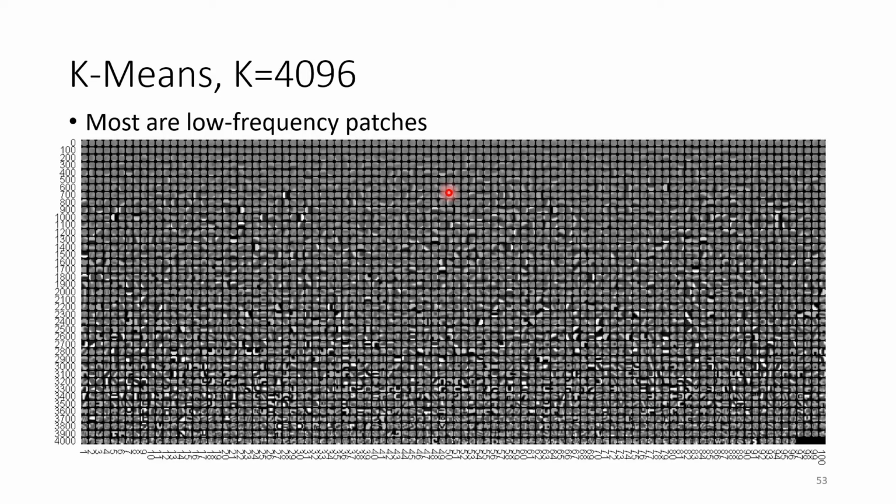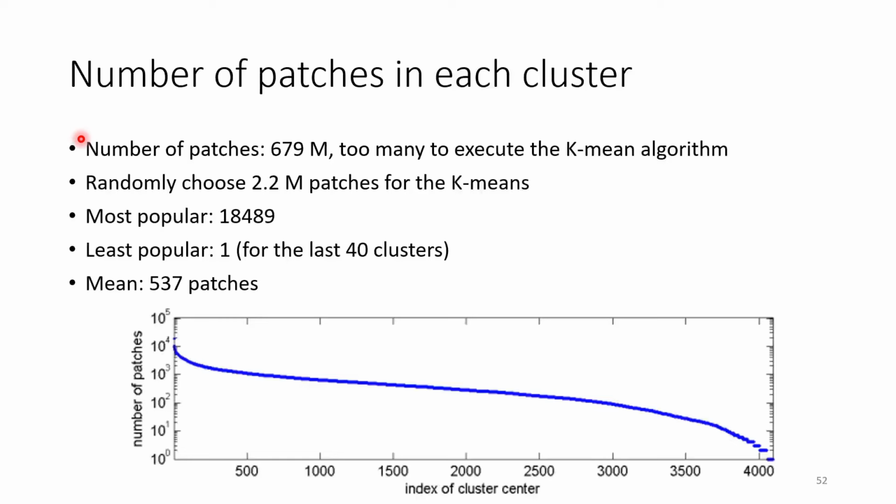These are the low resolution patch signals. For this top left corner, this is the cluster containing the most patches. The largest cluster contains around 18,000 patches.